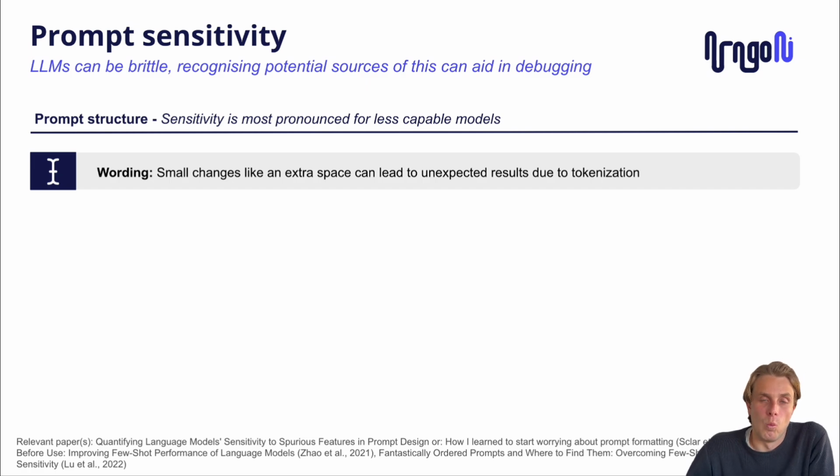So firstly, wording. Especially for the smaller, less capable models, really small changes like using an extra space or using a different style of apostrophe can significantly change the performance or the style of generations that you're going to receive. This is because language models don't actually deal directly with the words or the symbols that you provide.